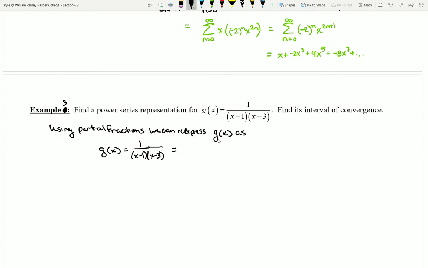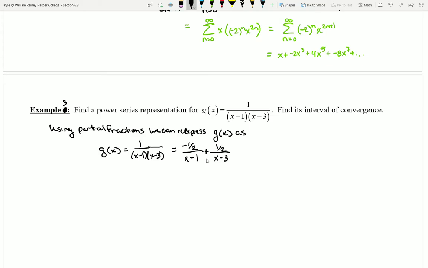I think it's possible to rewrite this as a 1/2 over, oops, sorry, that is an incorrect denominator. It should be a negative 1/2 over x minus 1, and then a 1/2 over x minus 3. Now I'm not going to go through the full work to do the partial fractions, but I'll leave it to you to double check that that is actually correct.